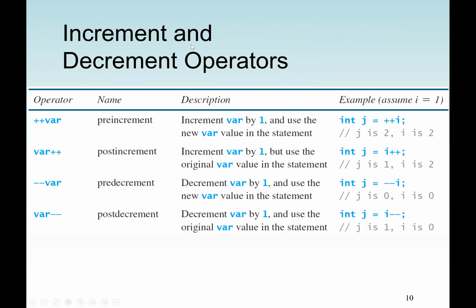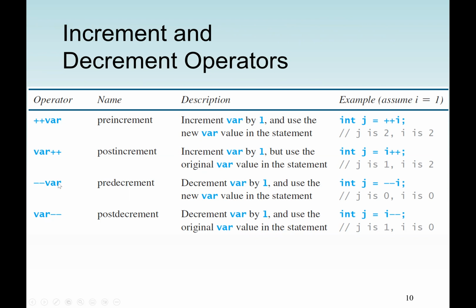We also have the increment and decrement operators. So for example, if you say ++var, this is called pre-increment, which means we are going to increment the variable first before we do something. So that's what we say, increment var by 1 and use that new var value in the statement. So again, increment and decrement operators either increase by 1 or decrease by 1.